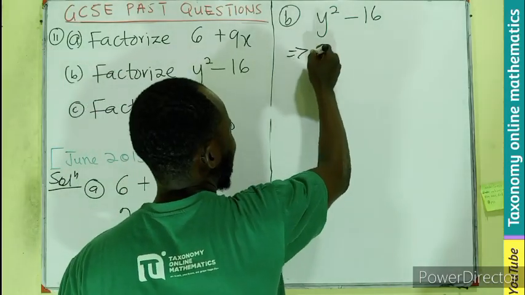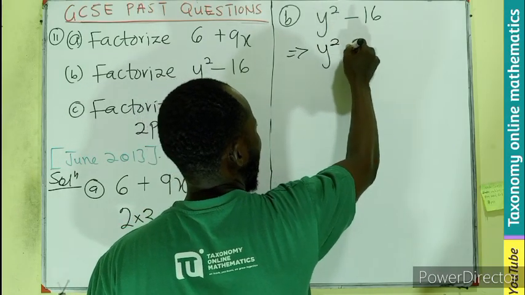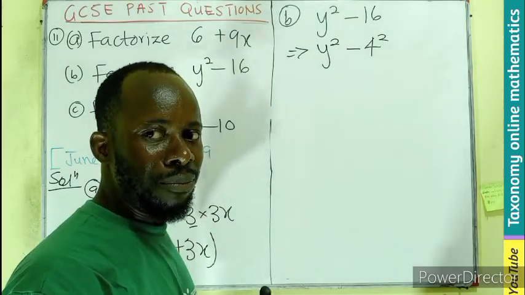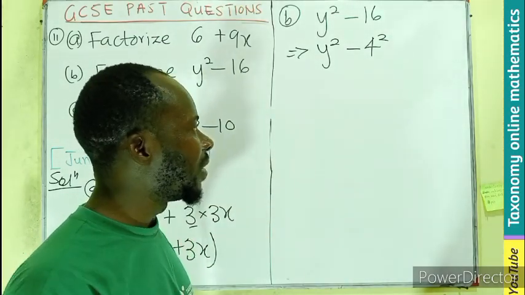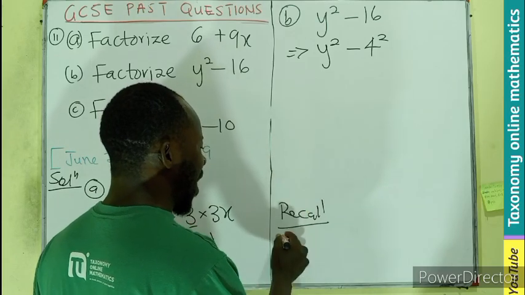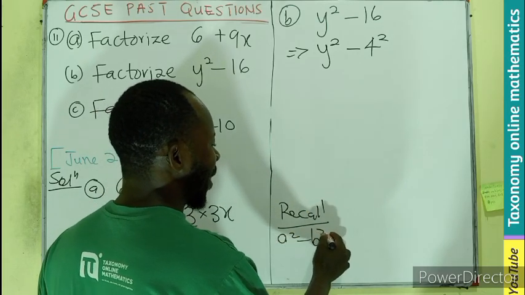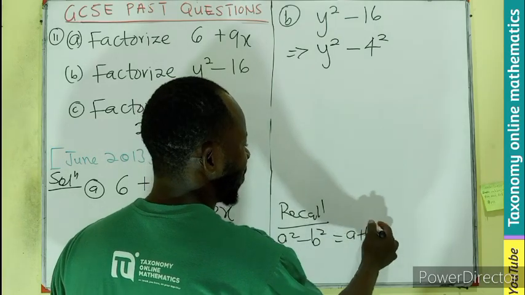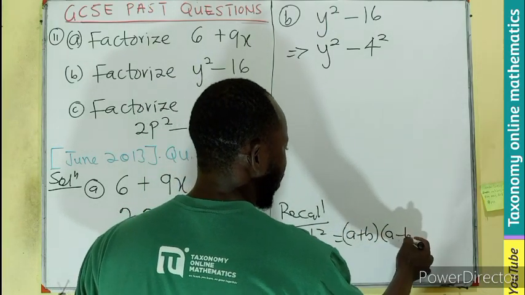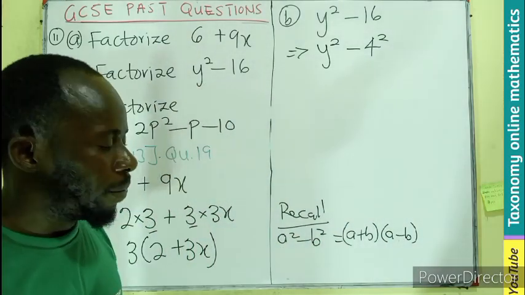So that means that I'll be having y squared minus 4 squared. We know 4 squared means 4 times 4, which is 16. By recall, we know that if I have a squared minus b squared, it gives us the product of the sum and the difference of those terms.